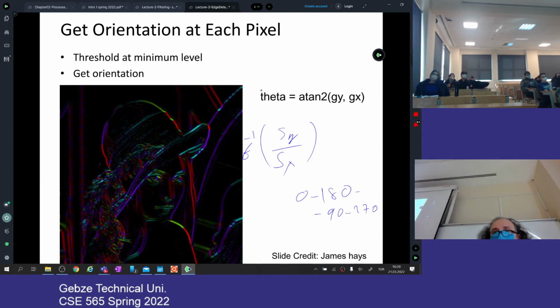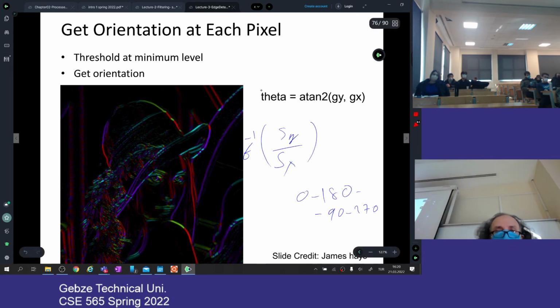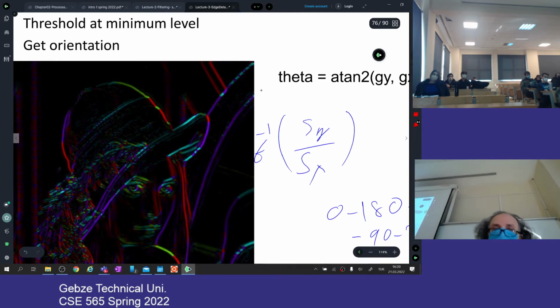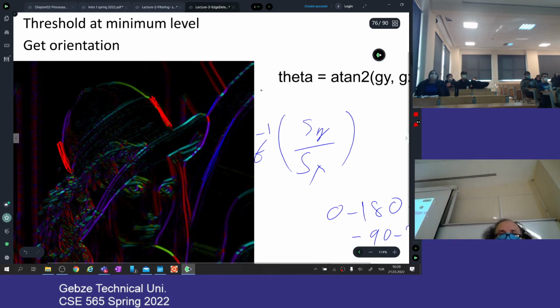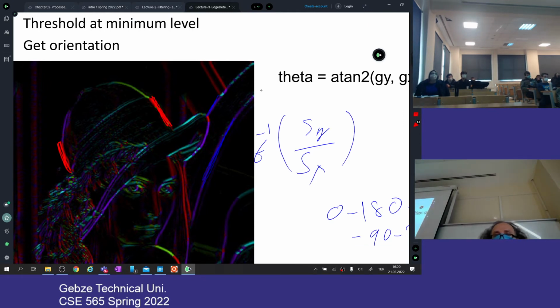I mean, 0 degrees and 180 degrees are the same thing for this picture. So as you see, this red here and this red are the same thing also. And let's look at this blue and this blue. Well, it's kind of purple, but anyway, color shows you the direction of the edge.